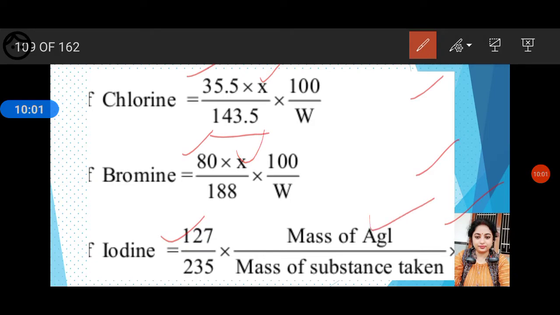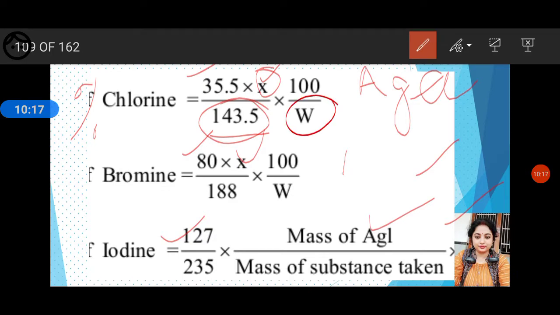So this will be the formula for percentage of chlorine: 35.5 into X, where X is the mass of AgCl, over 143.5, the molecular mass of AgCl, into 100 by W. W is the mass of the organic compound which we have taken.